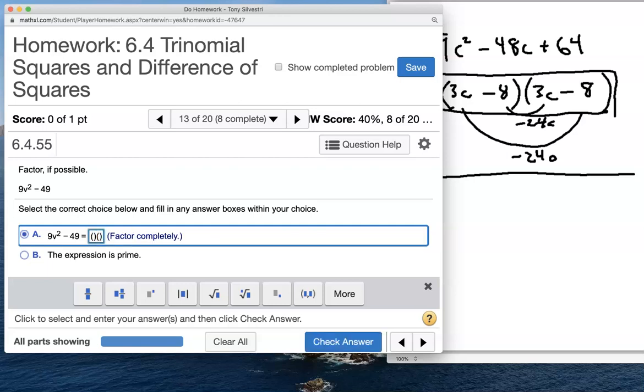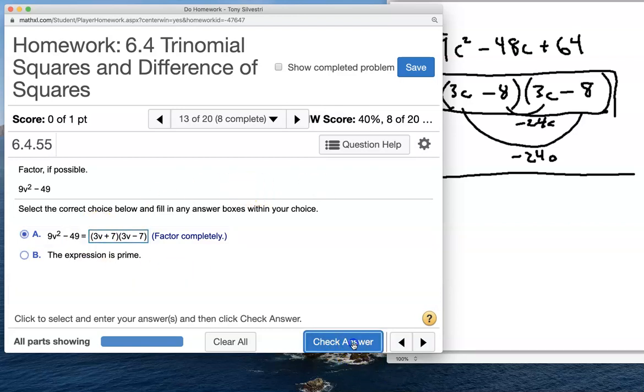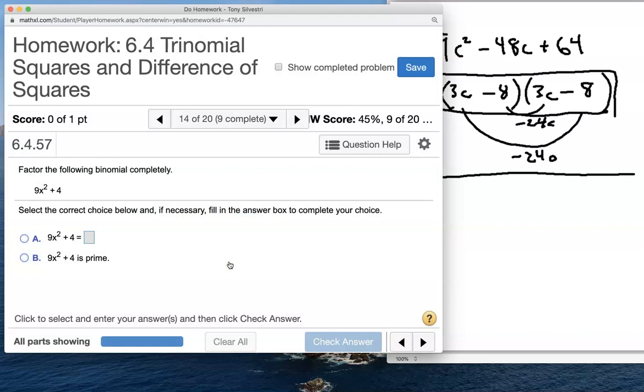Get it ready with some parentheses. The thing being squared for the 9v squared is 3v and 3v. Difference of squares requires a plus and a minus in the end answer. The thing being squared to get 49 is 7 and 7. And that's it, you're done. That's the difference of squares. Check your answer. Nice work.